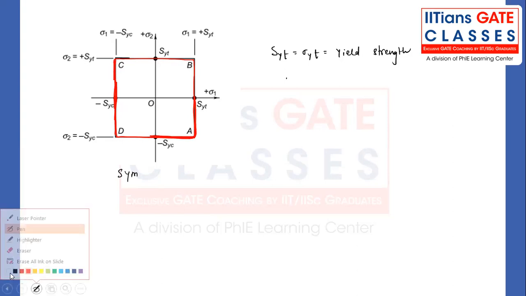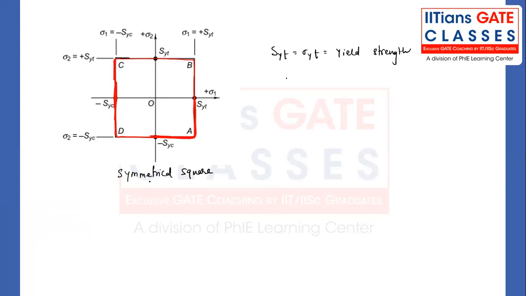This is a symmetrical square shape, and this is for what? Ductile material.